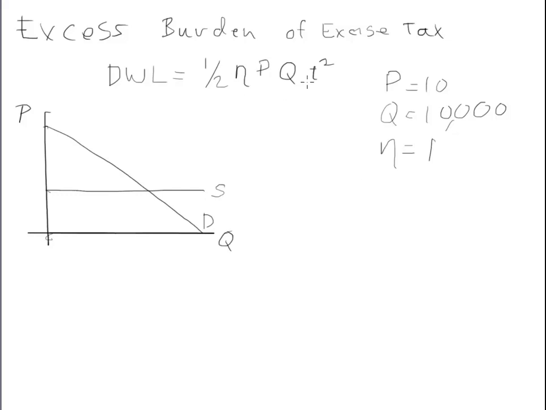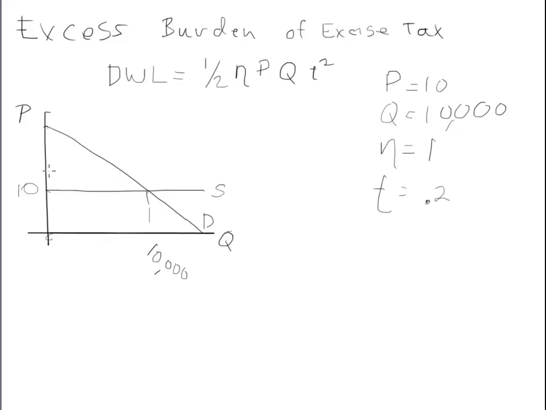And what else do we need? Tax. I'm going to assume my tax is equal to, let's make the tax equal to 20%, 0.2. So there's 0.2. We can take the $10, the before tax price, and the 10,000, and put it right there.